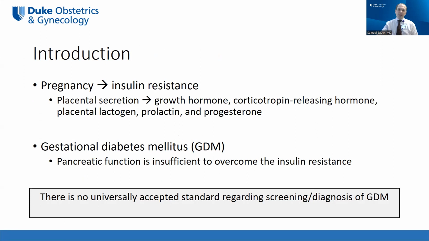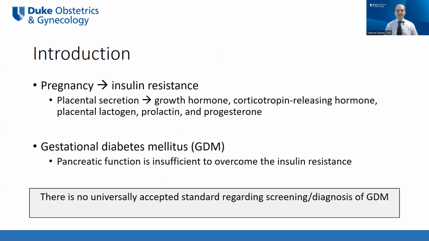So first, some background. We know that pregnancy is associated with insulin resistance, and this really comes from the placenta itself. You get lots of placental secretion of growth hormones and corticotropin releasing hormone, placental lactogen, prolactin, progesterone, and other hormones.